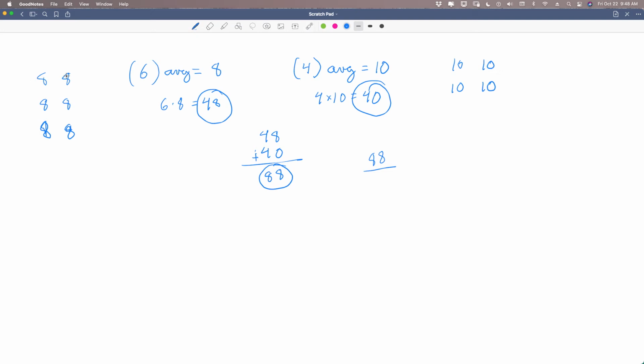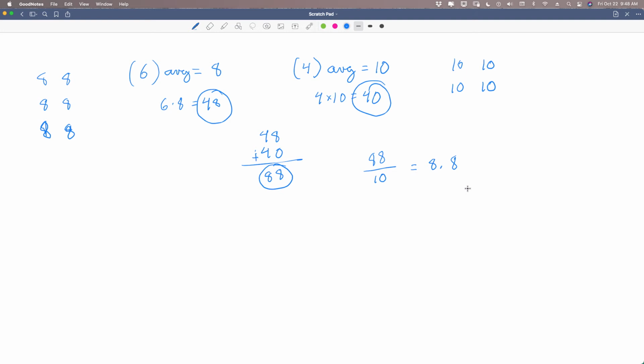If we counted them, we'd have 1, 2, 3, 4, 5, 6, 7, 8, 9, 10 numbers. So if we divide this by 10, we get 8.8, which is not 9. It's different from 9, especially if you're talking about a system where decimals are important. We don't know if the decimals are important. They might be. So we want to have an accurate average. All right.